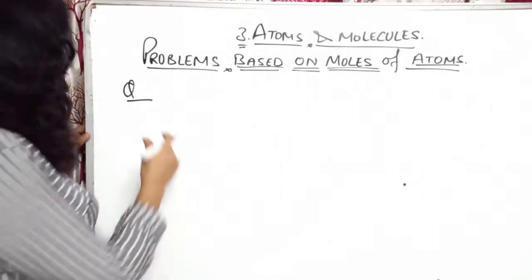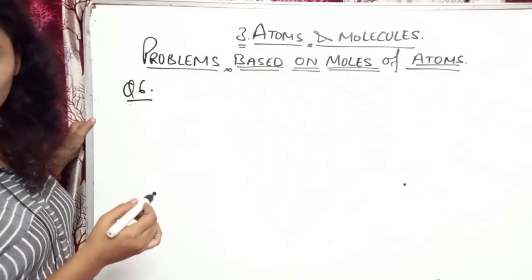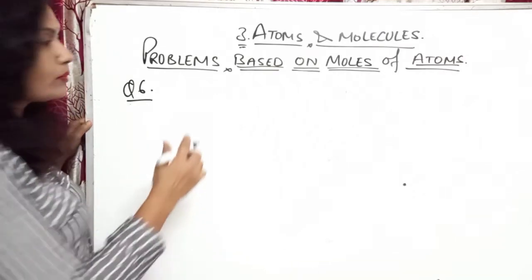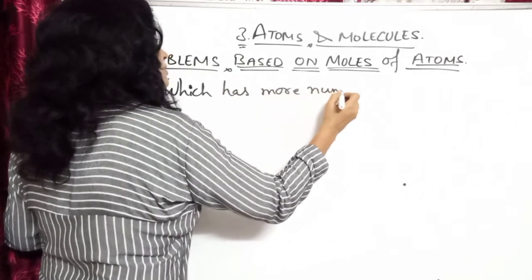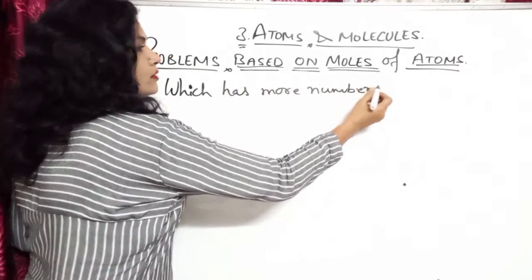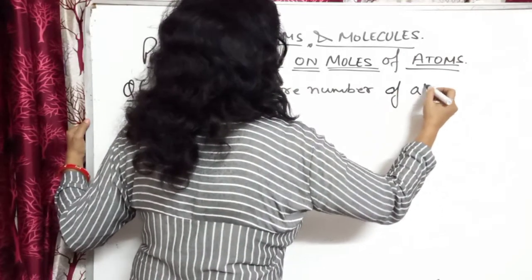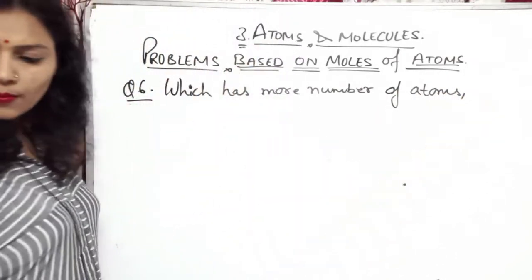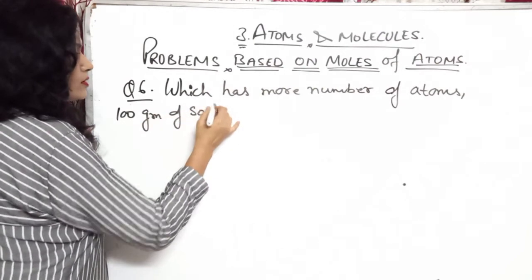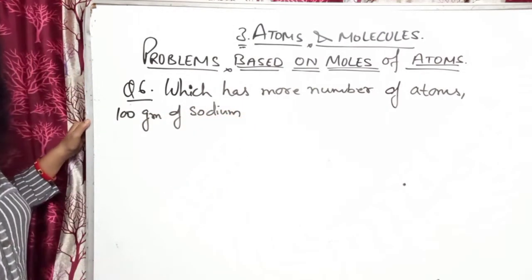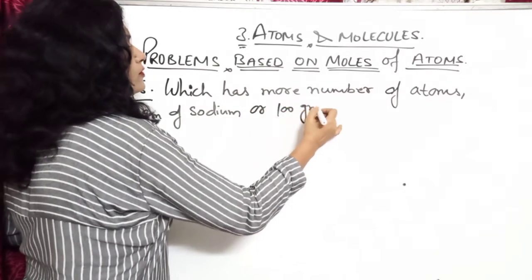Sixth question is, which has more number of atoms: 100 gram of sodium or 100 gram of iron?